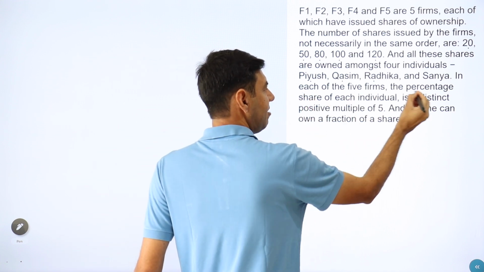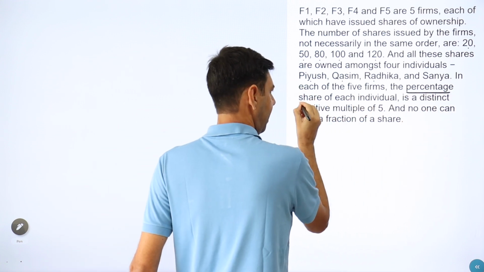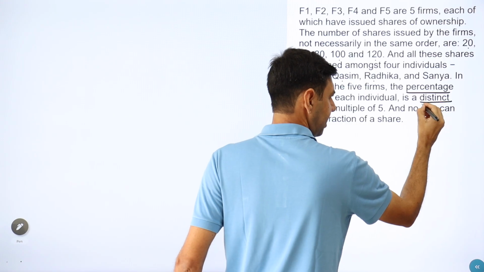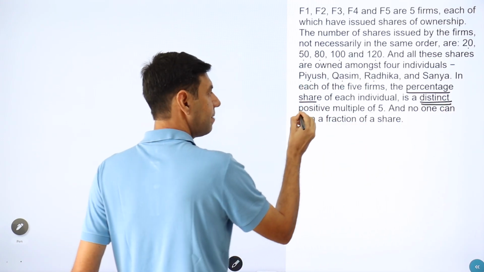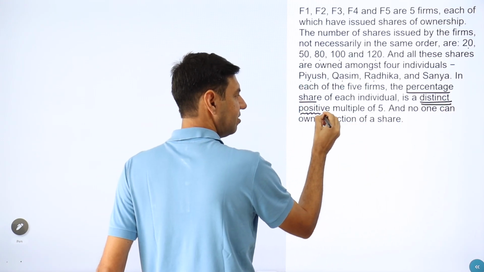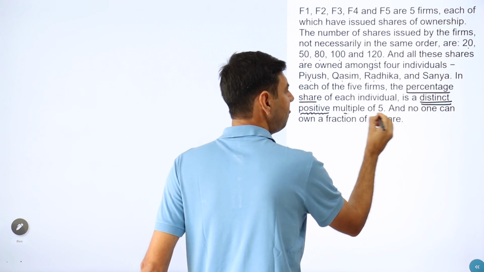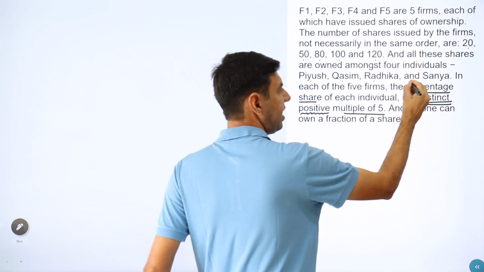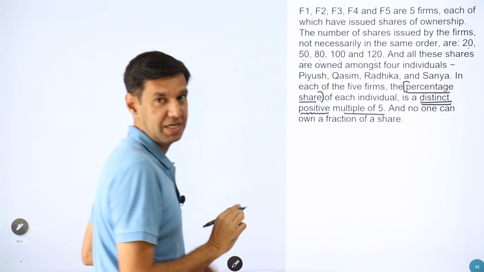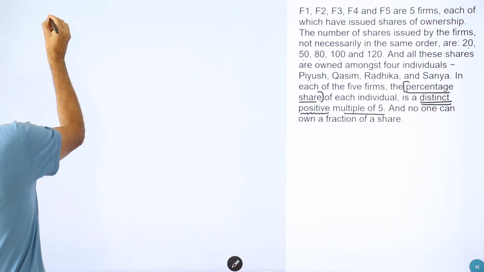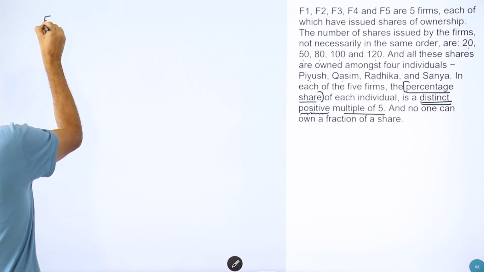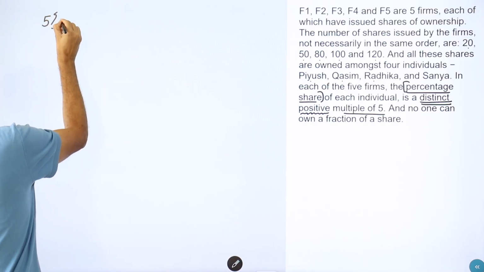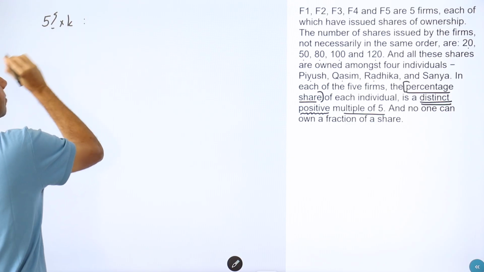In each of the 5 firms, the percentage share is a distinct, I'm sure you would not have missed that, positive multiple of 5. The percentage share, mind you, right? So this is a percentage. It's not enough to just think of this much.